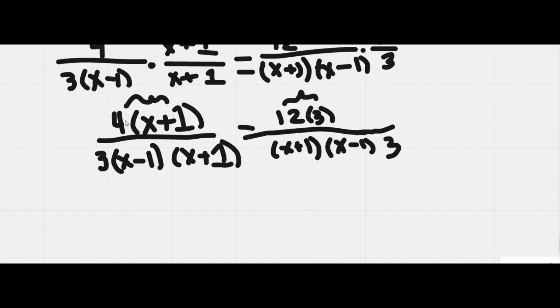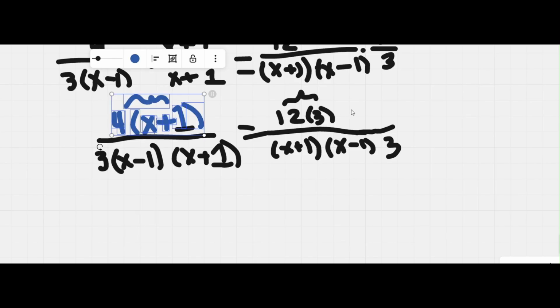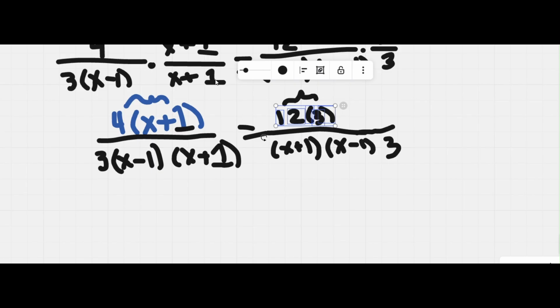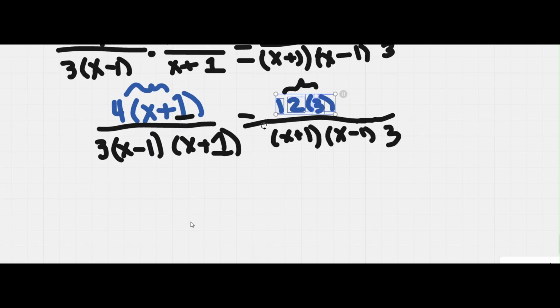Something else we can do is just change the color here. Like that. So these two expressions here are equal to one another.